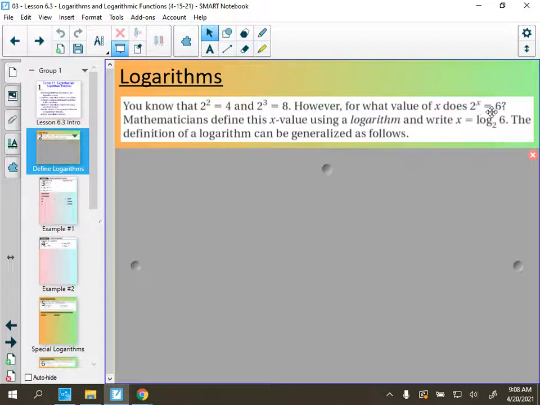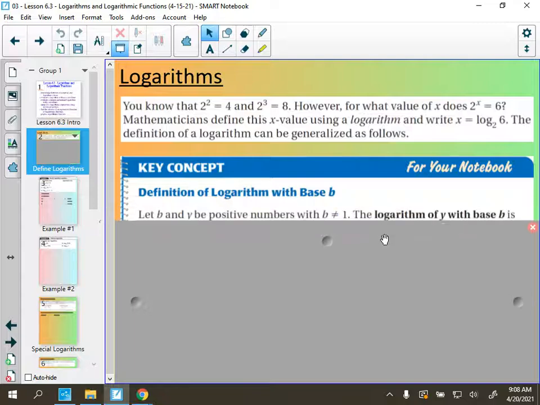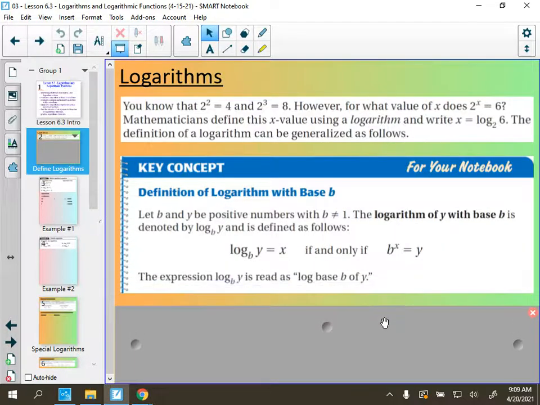This 2 to the x power equals 6 and x equals log base 2 of 6 mean the exact same thing. And you'll see in future lessons what the advantage is here. Basically we're going to be able to solve for x and figure out exactly what x equals. It's obviously going to be a decimal number, but we need a little bit more. So before we get into that, here's the definition of logarithms.